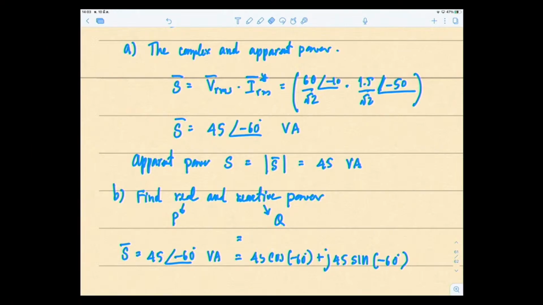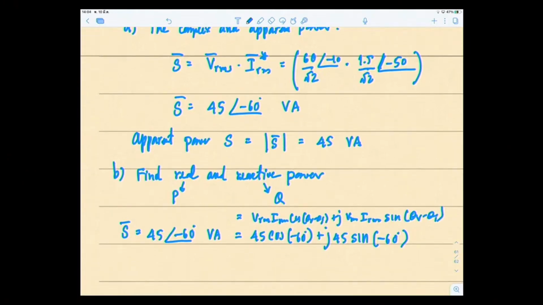It comes from VRMS IRMS cos theta V minus theta I, plus j VRMS IRMS sine theta V minus theta I, and VRMS IRMS is the apparent power, which is 45. So you will get 22.5 minus j 38.97.